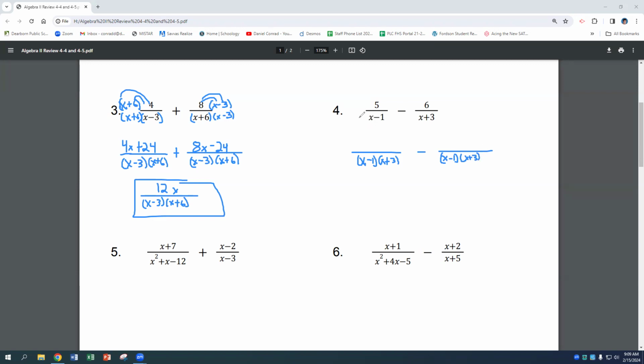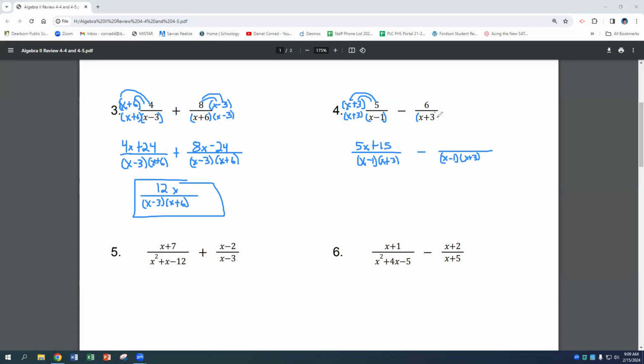In the first term, we're missing the x plus 3, so we need to multiply the bottom by x plus 3. If we multiply the bottom by x plus 3, we need to multiply the top as well. We distribute our 5, we get 5x plus 15.